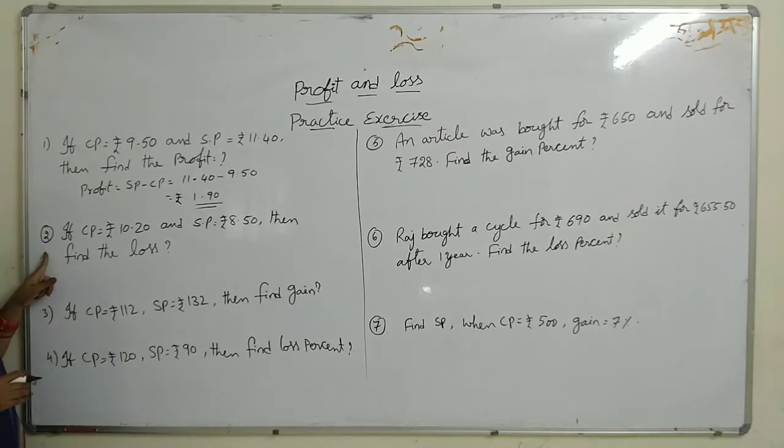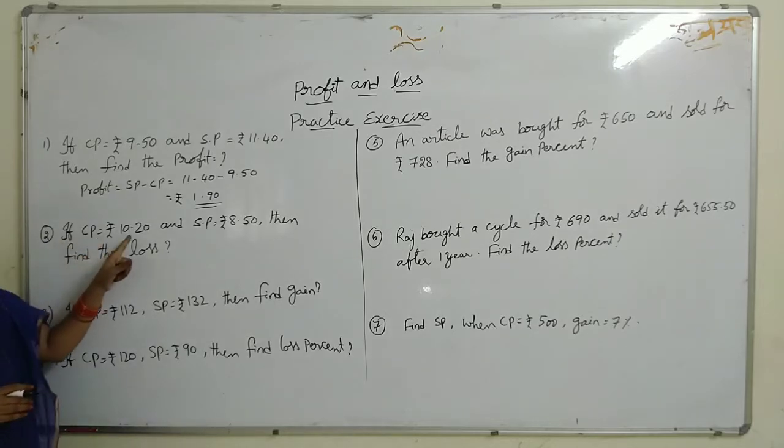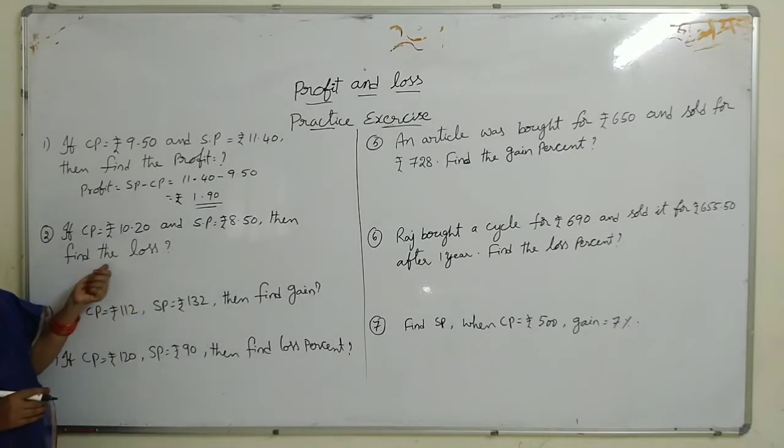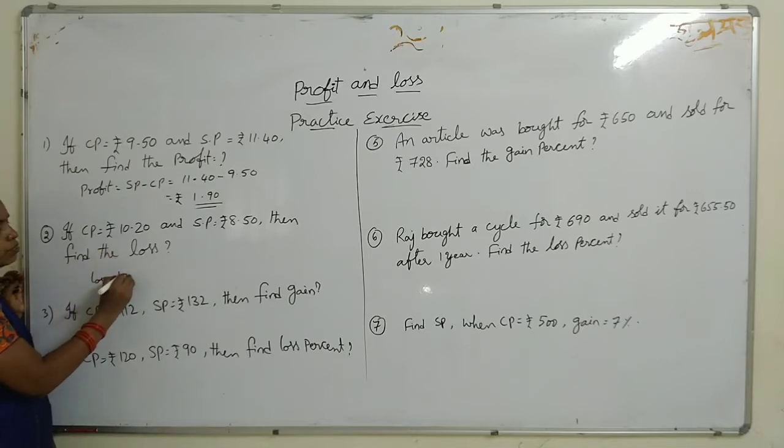Then if CP equal to 10 rupees 20 paise and SP equal to 8 rupees 50 paise, then find the loss. So here CP is greater than SP. So definitely we got loss. So loss equal to 10 rupees 20 paise, that is CP minus SP, 8 rupees 50 paise. 0 minus 0, 0.